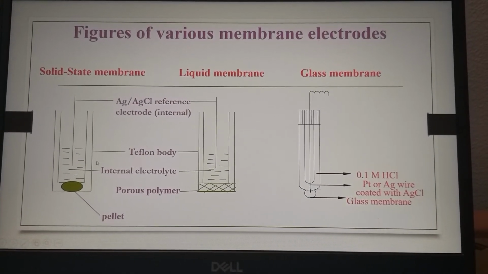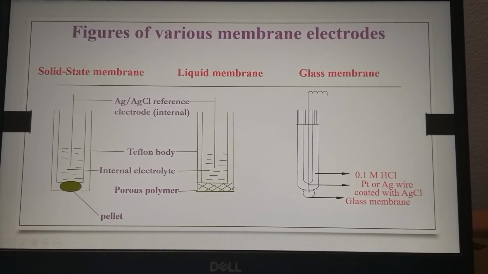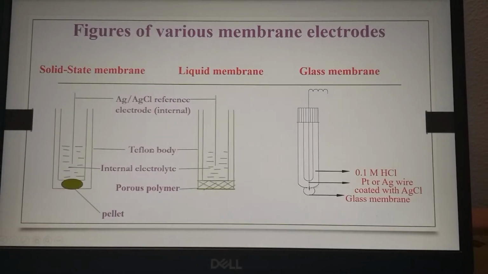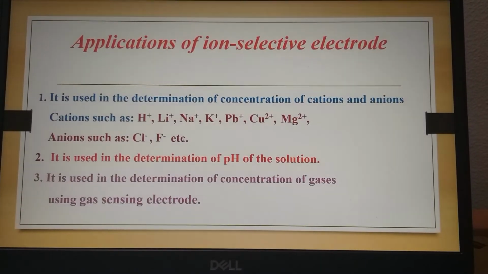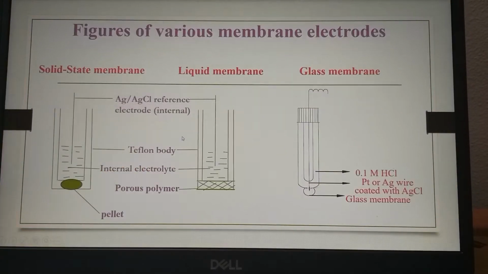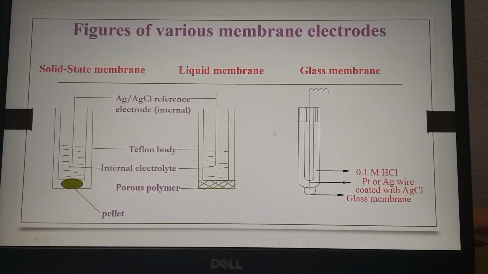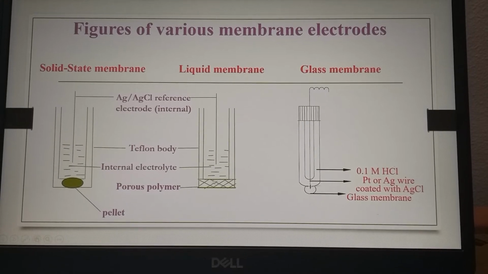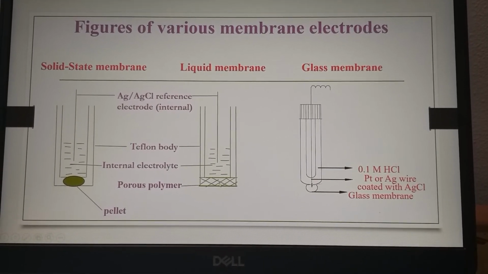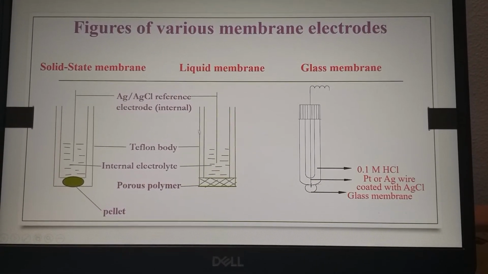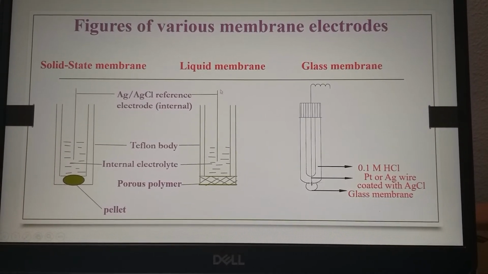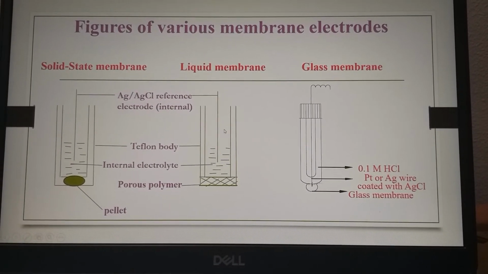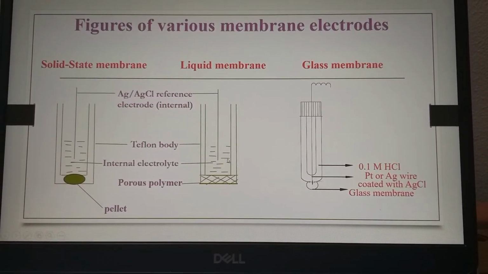The body of the electrode is made up of Teflon because Teflon is inert and can resist high temperatures and pressures. In the liquid membrane electrode, the liquid is adsorbed on the porous material. The body of course is made up of Teflon. The internal reference electrode is silver chloride and there is an internal electrolyte.